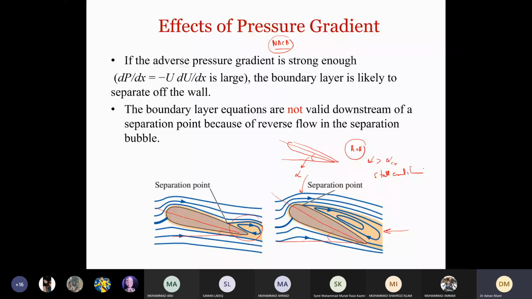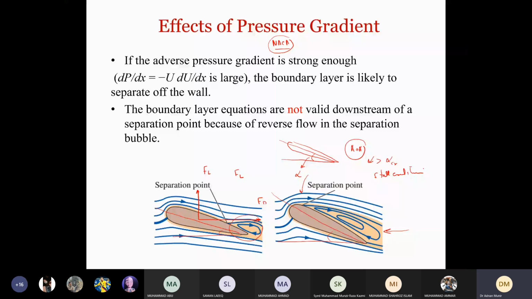The drag force is along the incoming flow, and the lift force is perpendicular to it. In this case, lift force is of much more interest because we want to see how much lift a particular aircraft or aerofoil can generate.